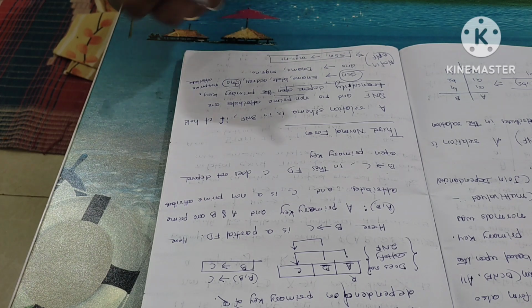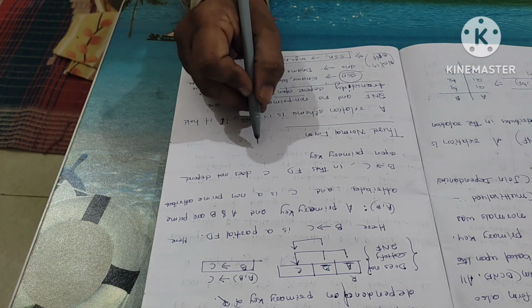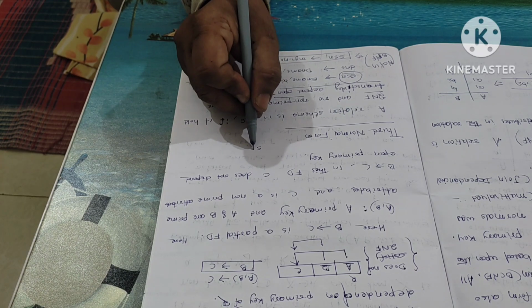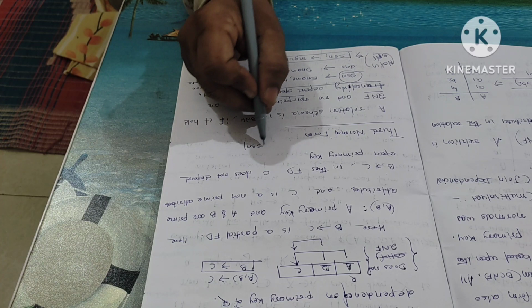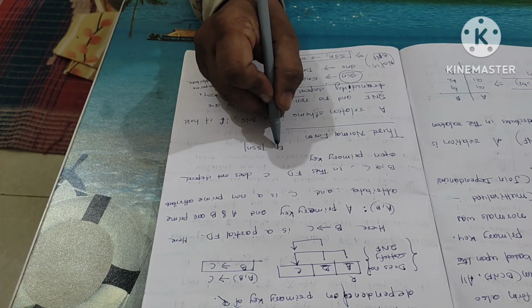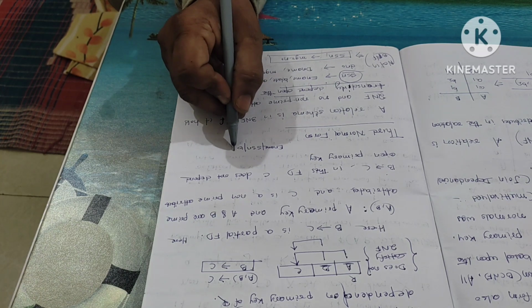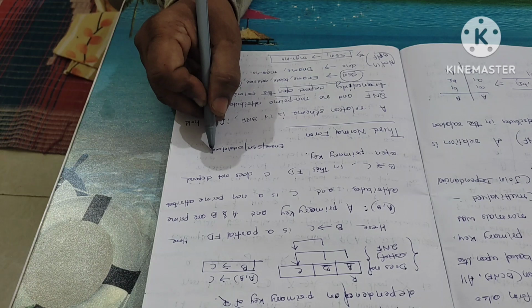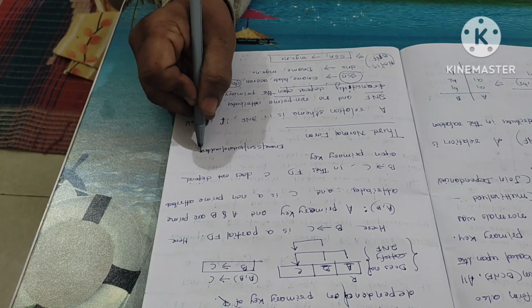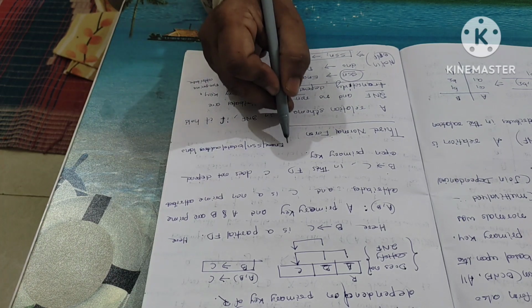If you see the transitive dependency, I can write it like this: SSN, and here employee name, birth date, address, and the department number.